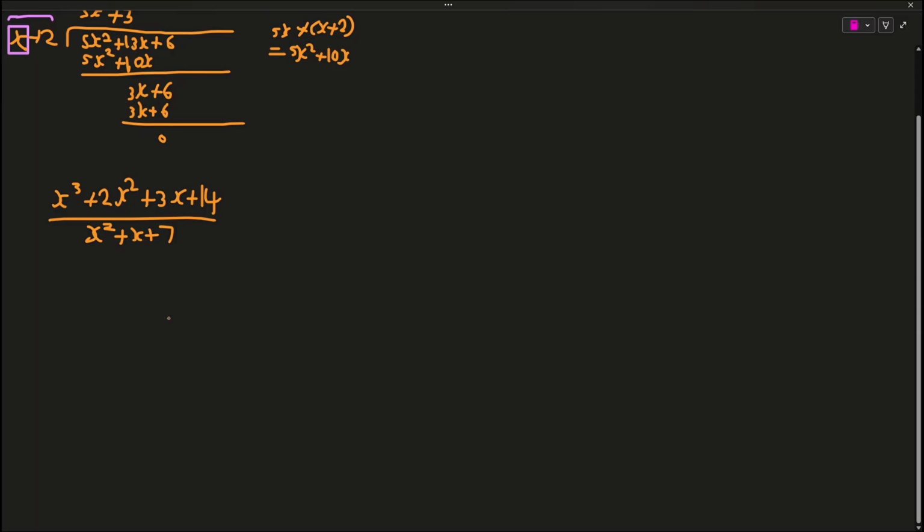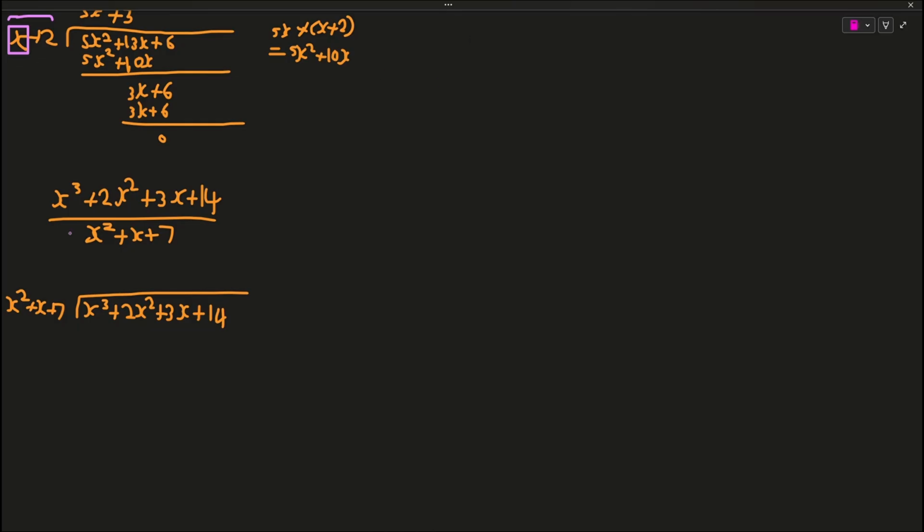So again, we're going to do the bus stop method, and we're going to have x cubed plus 2x squared plus 3x plus 14 under the bus stop. And that's all divided by x squared, which is going to be the outside of the bus stop, I should say.